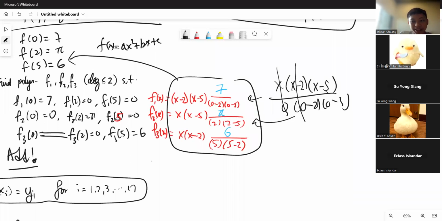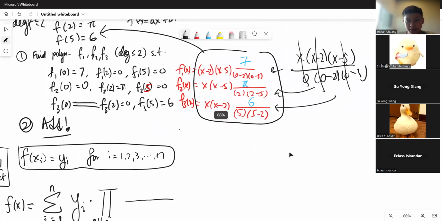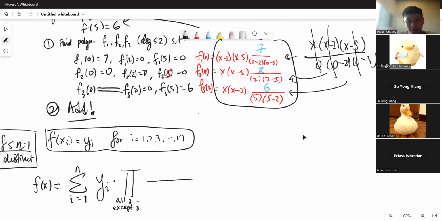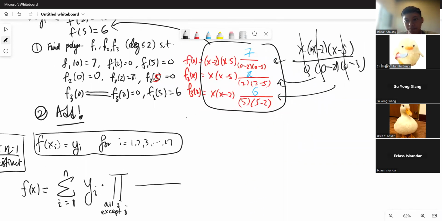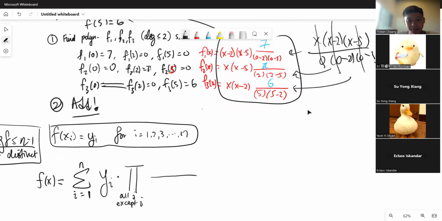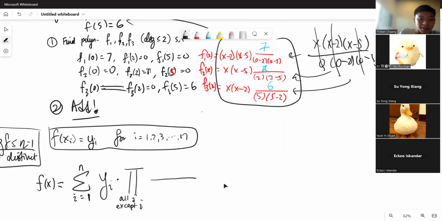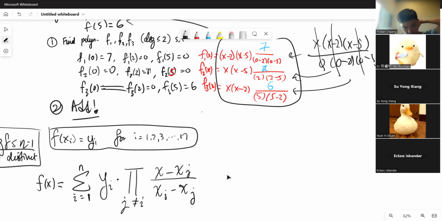The second line is where we omit the second one. The third line is where we omit the third one. I mean the bottom changes, but I mean like the top bit. So all j except i, and then x minus xj, and then xi minus xj. I'll just write it as j not equal to i. So basically j goes from 1 to n, but it skips i.